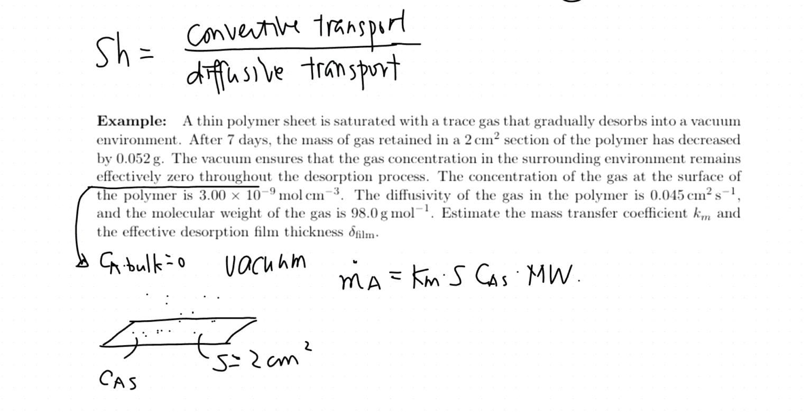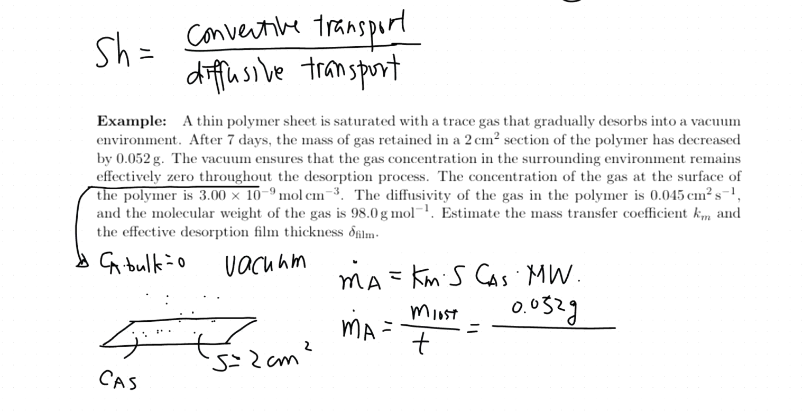Now, what is M_A dot? M_A dot is the total mass lost divided by time. The total mass lost is 0.052 gram, and the total time is, let's say, 7 days.